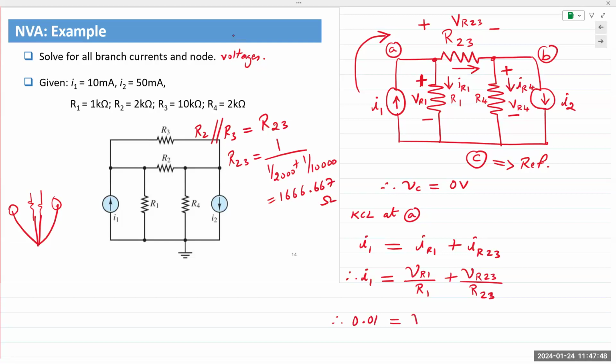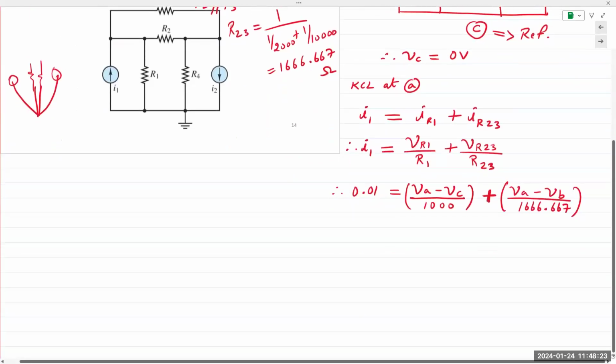VR1 is VA minus VC, and R1 is 1000, plus VR23 is VA minus VB divided by R23, which is 1666.667. VC is 0 volts. It's a reference node.